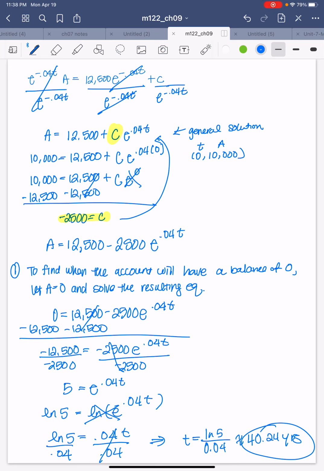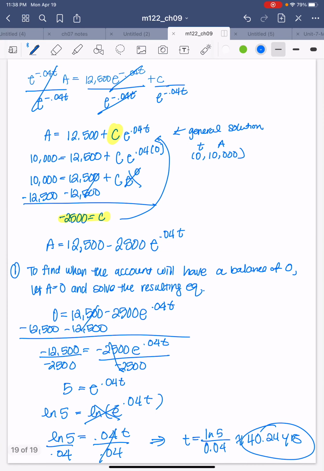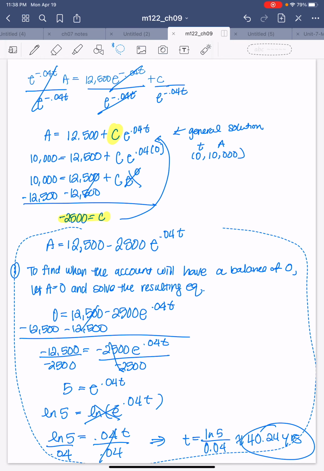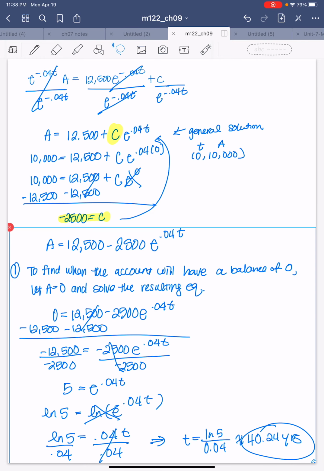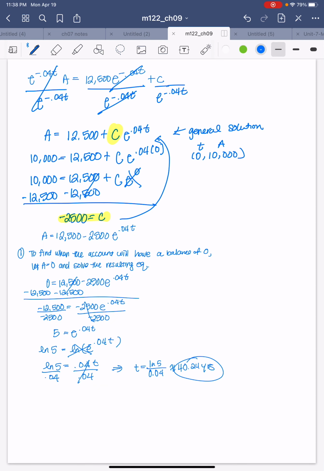But the second part is, what is the total amount withdrawn from this account? Okay, so the second question is, the account will be depleted in about 40.24 years, and the total withdrawn from the account will be 40.24 times 500, because it withdraws 500 each year, right?